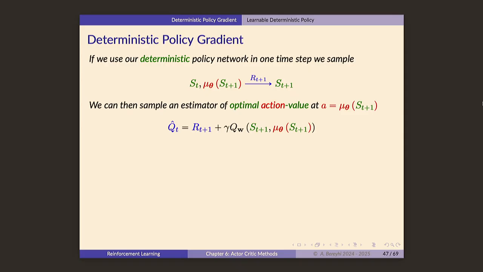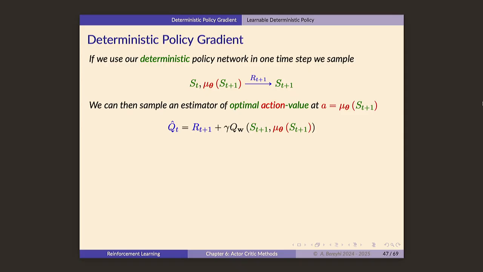Now I have the optimal action for the next state, and I know what the next state is, so I get this term. If I add it to the immediate reward that I collected, this is supposedly the estimator of the optimal Q value at the current time. This is the basic temporal difference. Everybody sees that? So I can take that to be my estimator of the Q value.